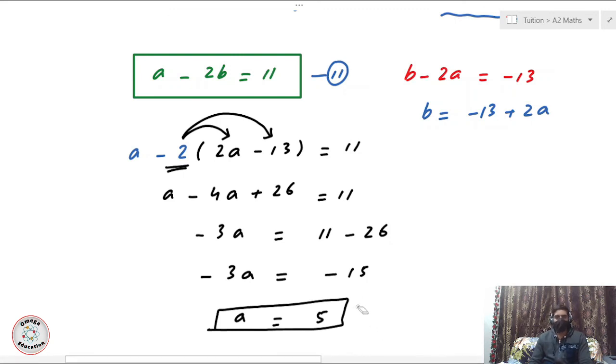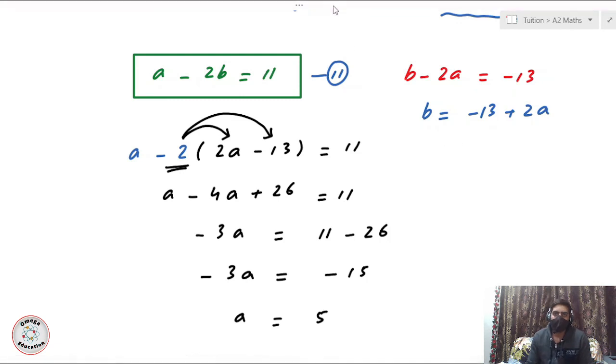And now let's find the value of b. You can use any of the equations, the raw equation or the simplified one. Now you have the value of a, so I'm going to put a equals 5 in that equation, and then we can find the value of b as well.